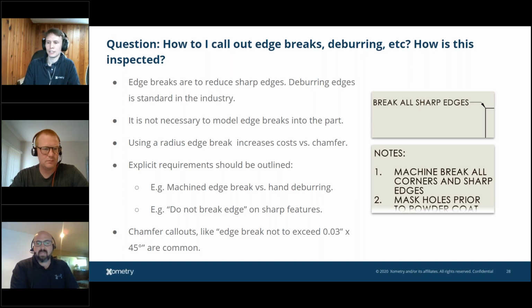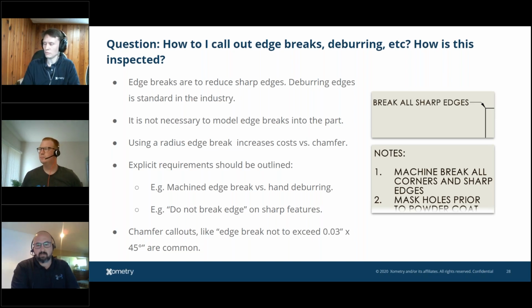Yeah, when you're calling out edge breaks, if you need a specific edge break, try to put a note on the print, especially if it's a cosmetic part and you want machined edge breaks so everything's even and uniform all around. Try to stay away from radiuses as edge breaks, just because it can drive up the cost of manufacturing as well as the time to manufacture.